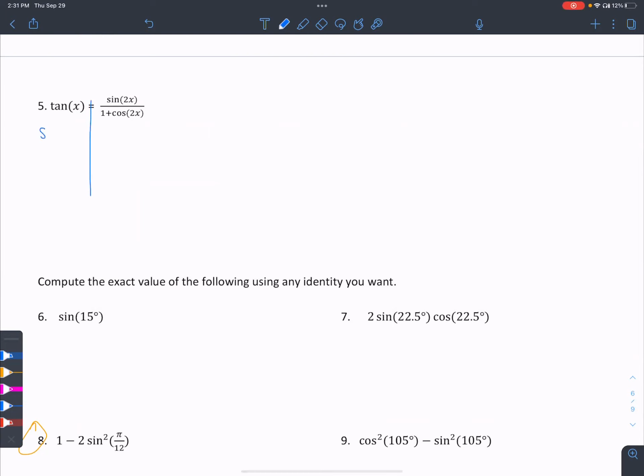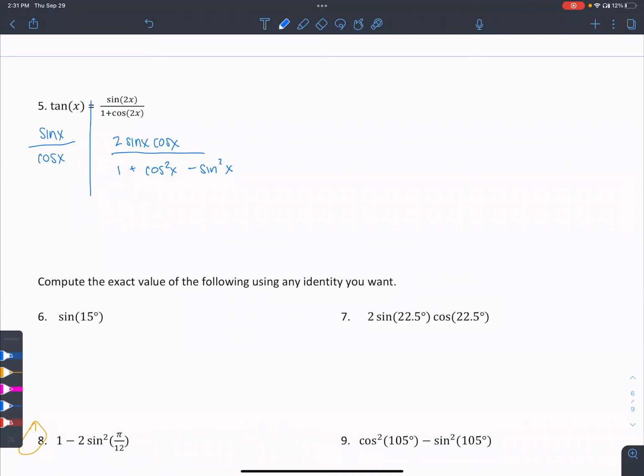So number 5, we have sine x over cosine x over here. On this side, we have 2 sine x cosine x, that's a double angle identity for sine, over, what should we use? 1 plus cosine squared x minus sine squared x. Okay, cosine squared x.